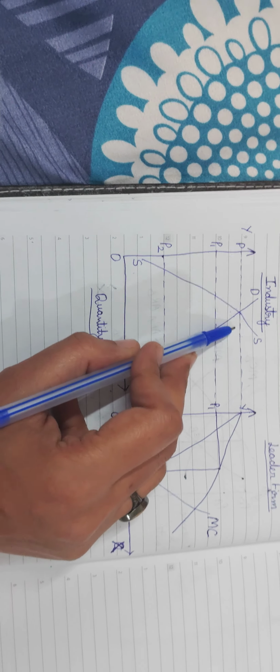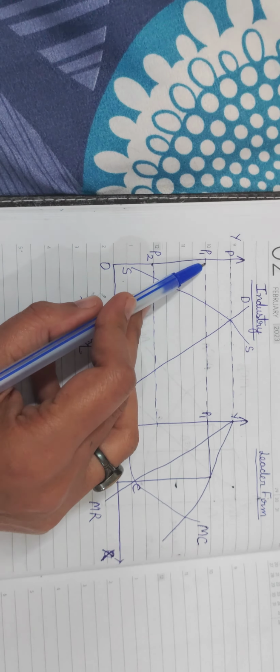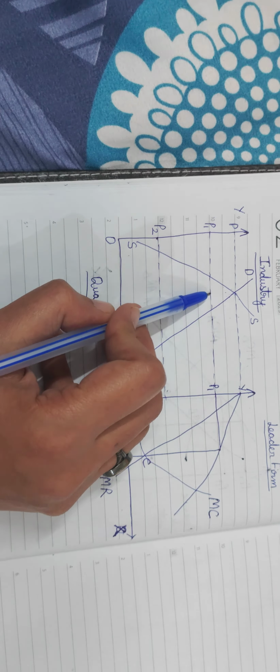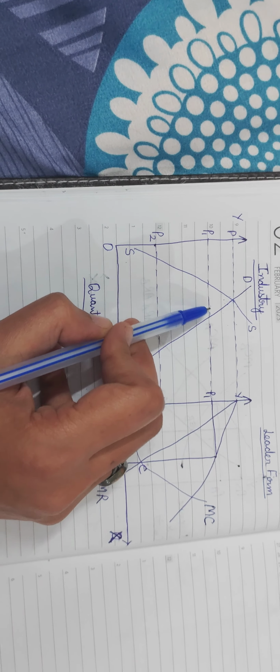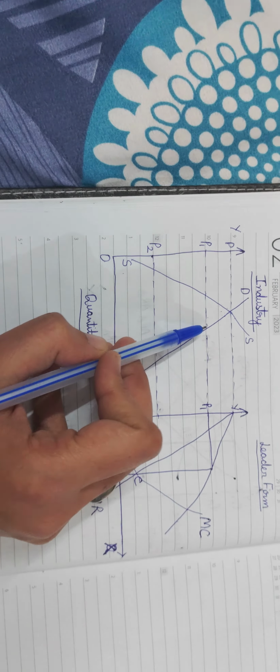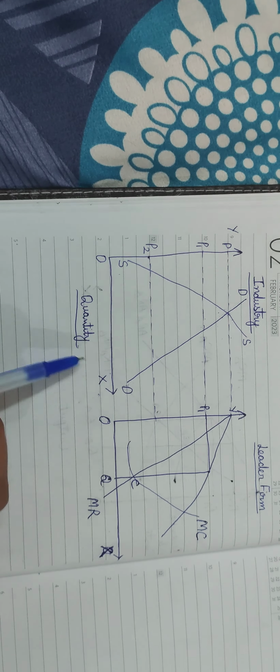So if the leader firm tries to determine the prices at a lower level, let's say at P1, it will be able to supply only these many units. Only these many units.